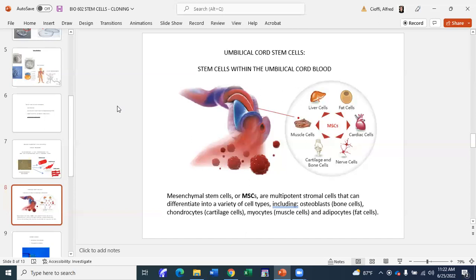No, not at all, right? The baby is already born. They're about to discard, they're about to incinerate this umbilical cord with its contents. So there's no damage to the baby for sure, or to the mother for that matter, or the father.